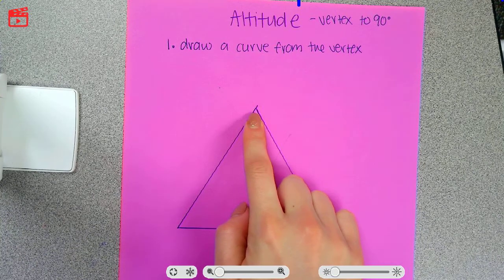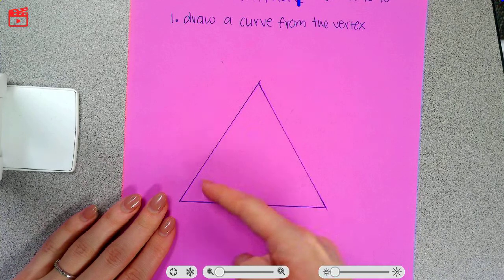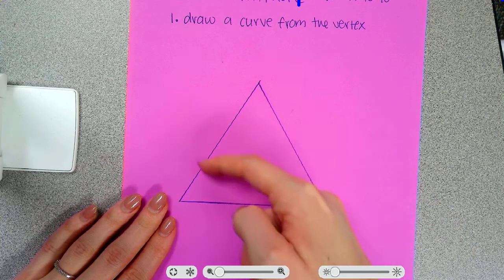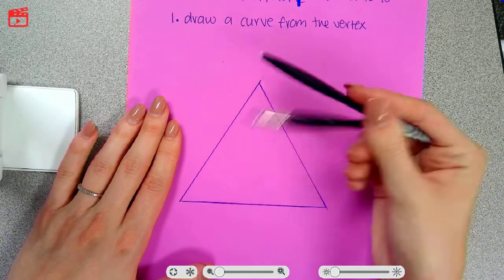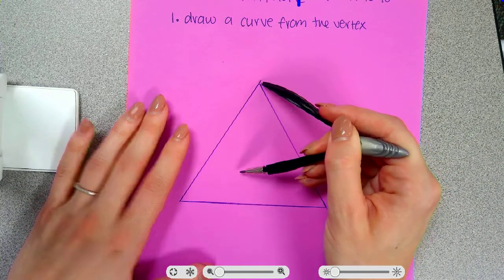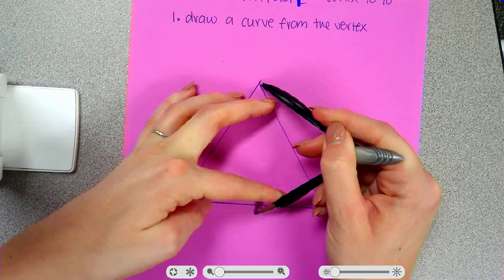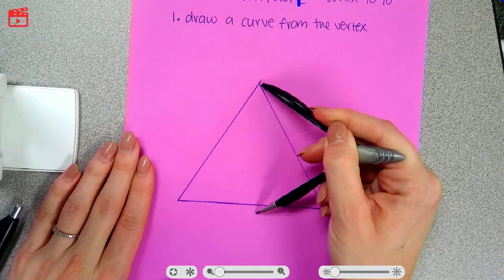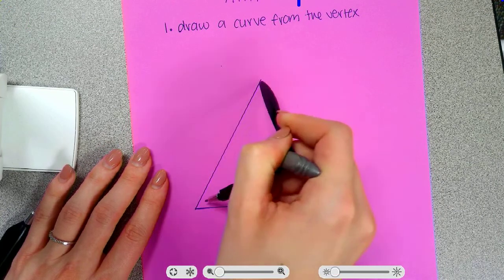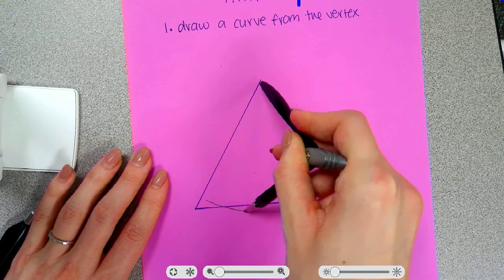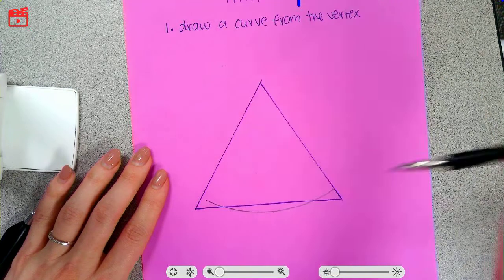And you have to draw a curve that's going to intersect the opposite side at 2 points. Okay? So it's got to be long enough to intersect the opposite side. So you're going to have to stretch it out. Go a tiny bit over it. Okay? So mine's going to intersect it here and here.